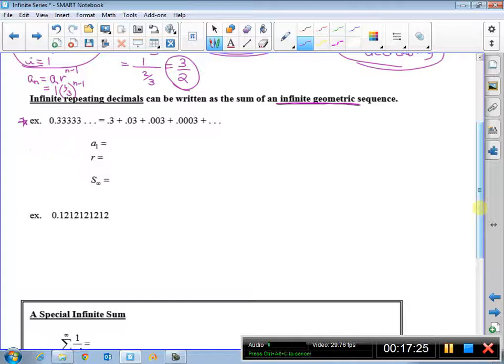When we chop this up, this is 0.3 plus 0.03 plus 0.003, right? Dot dot dot, and that's what I have here. So it is actually an infinite geometric sequence, and the terms are decreasing.